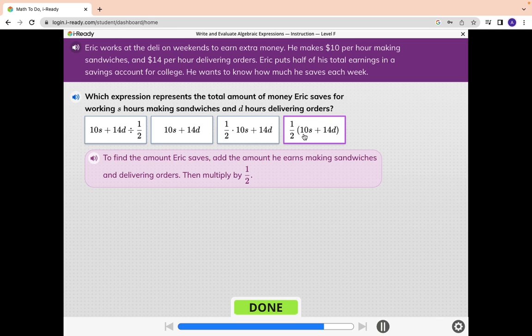This is it because 10S plus 14D is first because we have parentheses here and here. And we're going to times it by 1/2. And that's basically dividing it by 2. Nice work.